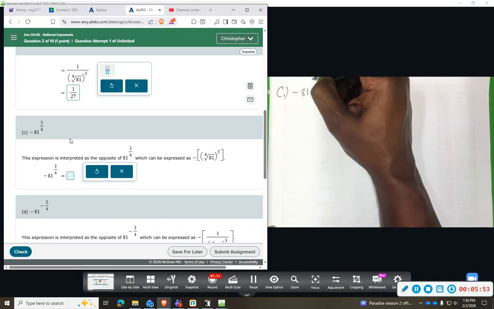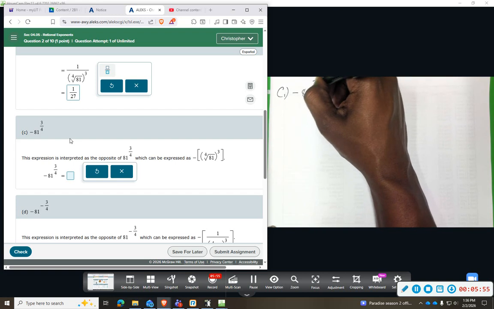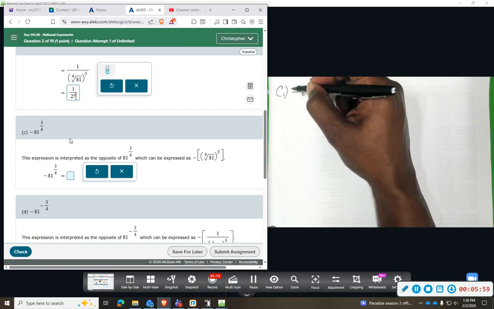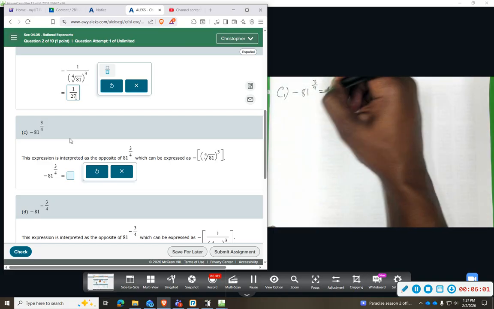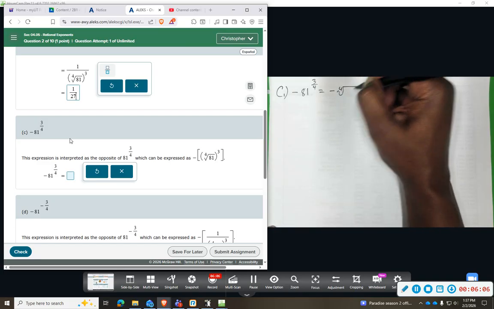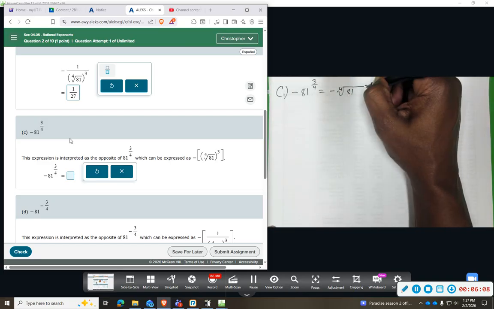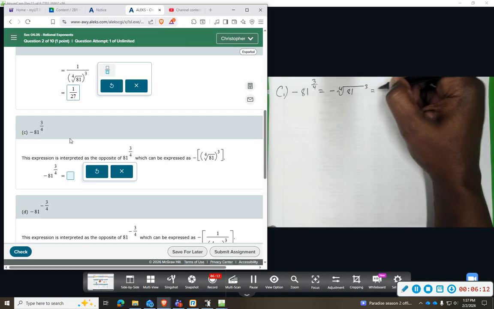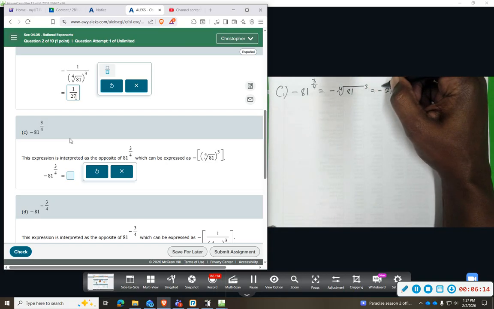So this time 81 is negative 3/4 power. Because it's not in parentheses, that means it's like a negative times this. So that means we have a negative on the outside. We have our 4th root of 81 raised to the 3rd power. And again, we've done this. It's 27, so we'll just get a negative 27 in this case.